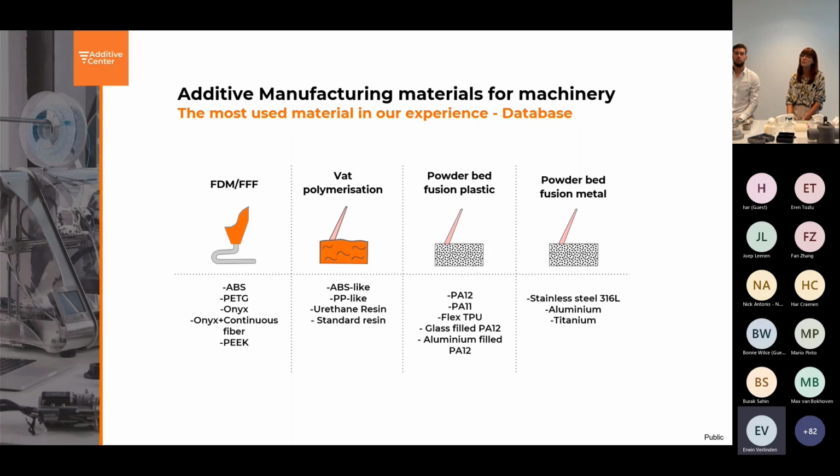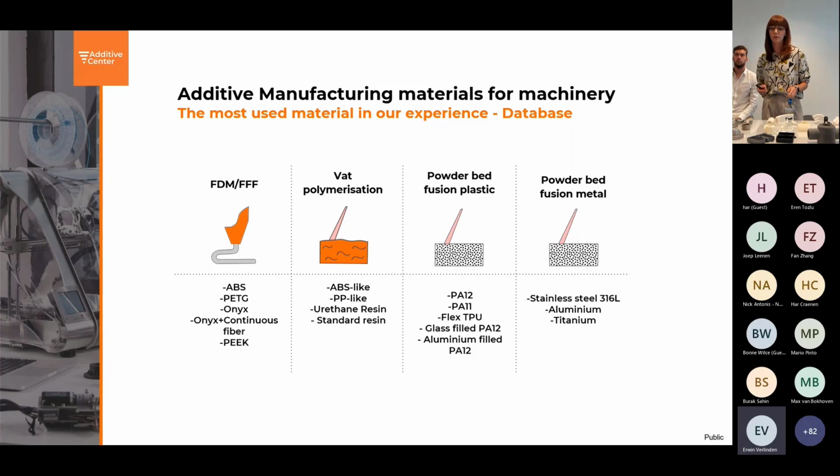For powder bed fusion plastics, you can see also in the examples later, PA12 is one of the most used ones. Then we have PA11 and flexible TPU material, for flexible parts. I don't know how much you can see from the camera, but this I can squeeze. I'm not that strong, but I can squeeze it. Then aluminium-filled PA12.